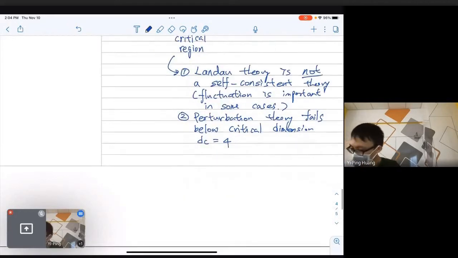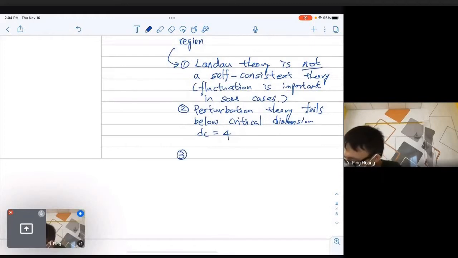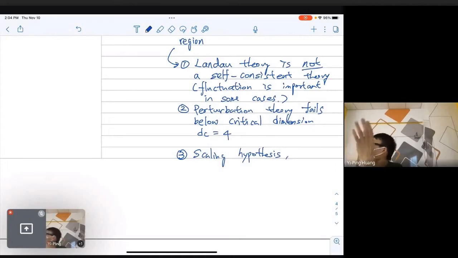So the scaling hypothesis connects how these critical exponents are related to each other, but we did not really specify several questions. The first question is where they came from, and the second is how to do a calculation for the critical exponents. Can we start from some microscopic model and really derive the corresponding alpha, beta, and other critical exponents?